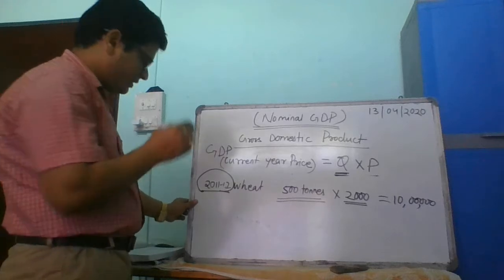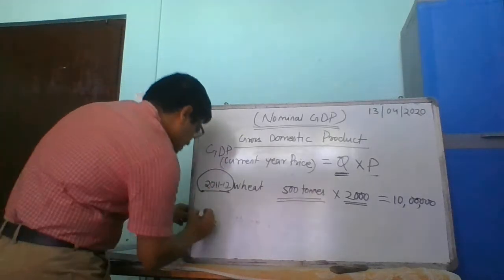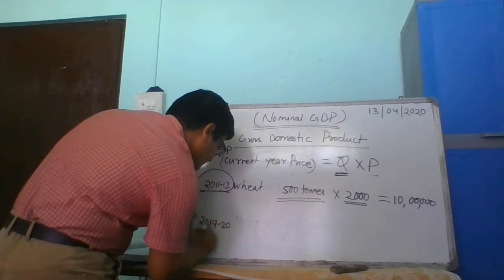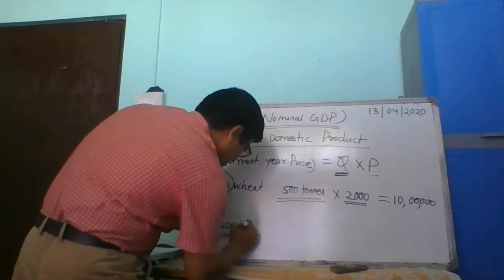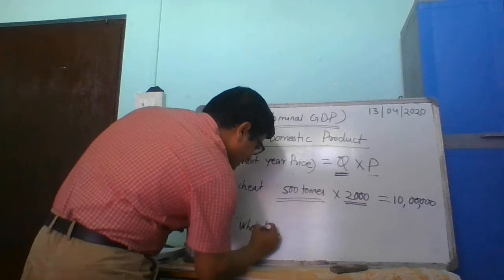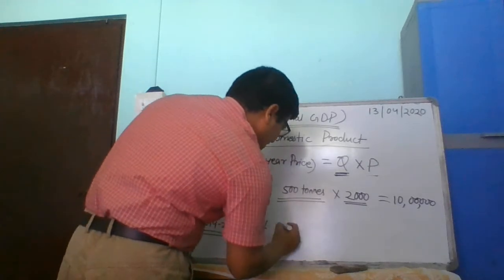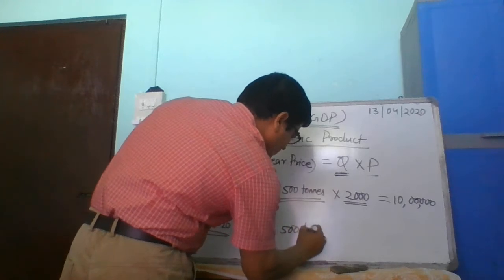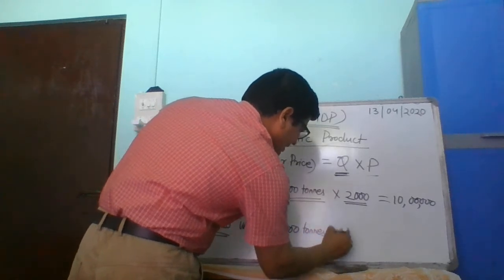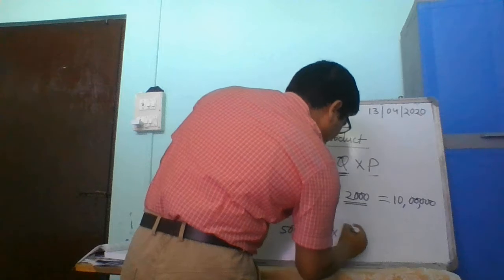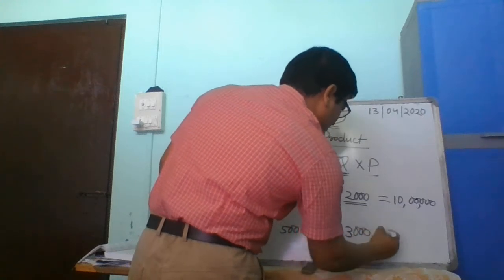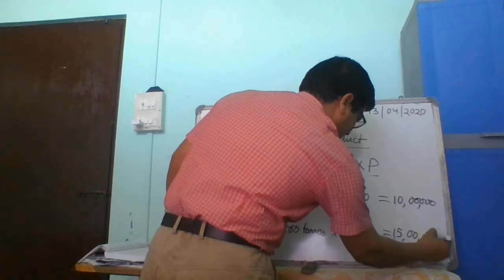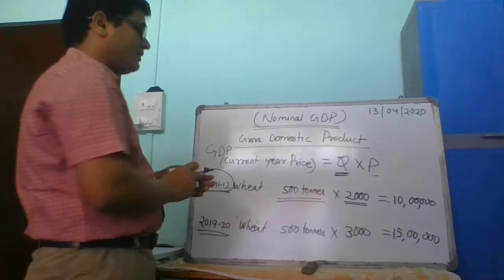2011-12 accounting year. Suppose we discuss 2019-20, same, we suppose wheat is produced and that amount is the same 500 tons and the price is 3000. That means total 15 lakh.